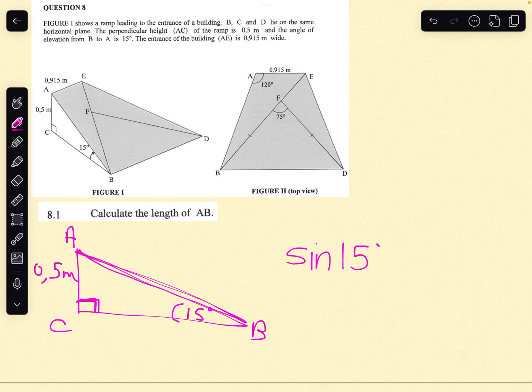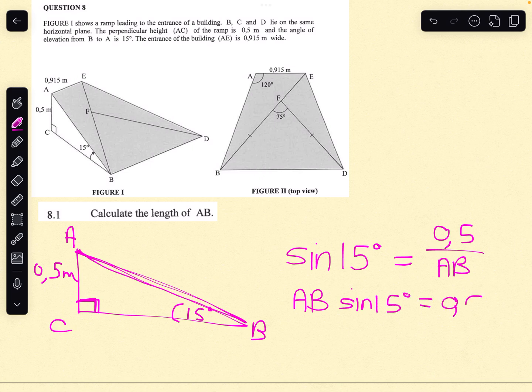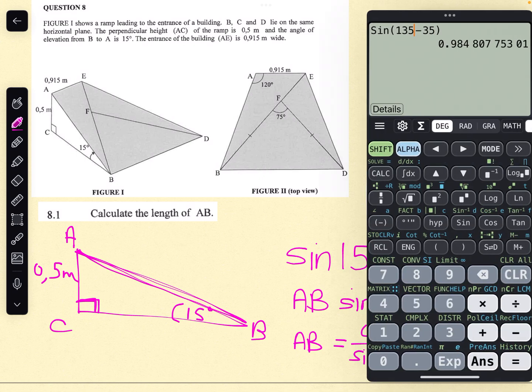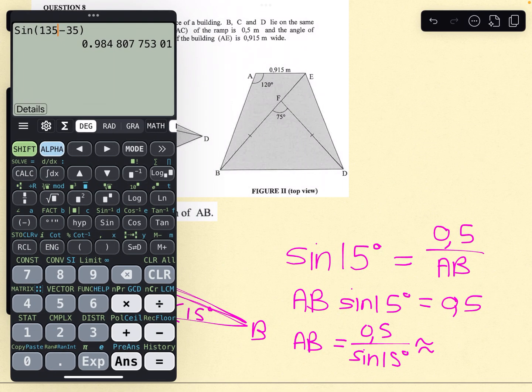Sine of 15 degrees is equal to opposite over hypotenuse. So I'm just going to say that is AB. Sine 15 is equal to 0.5, and so AB is equal to 0.5 divided by sine 15, which is going to give us approximately 1.93 meters.